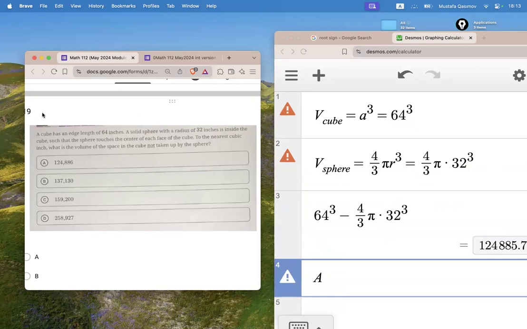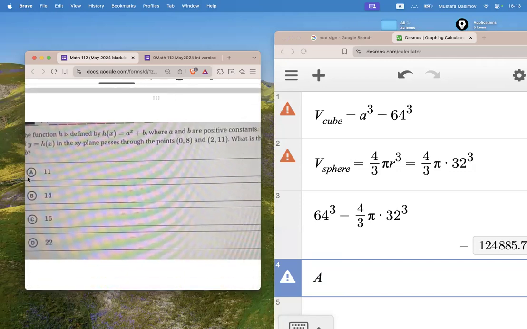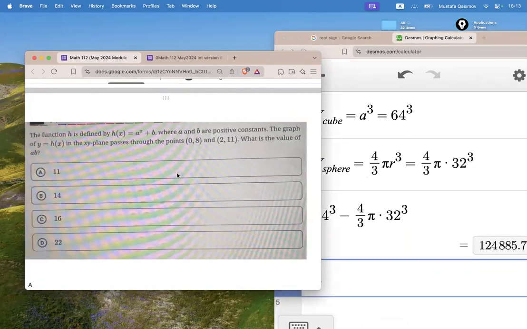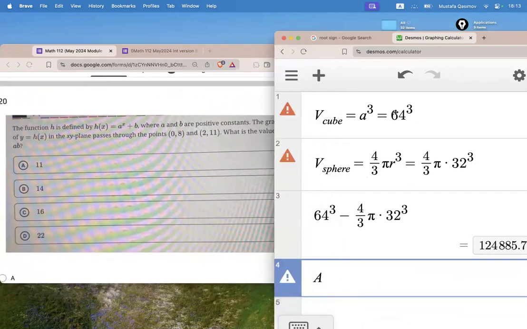Any question? Okay. 20. For 20, you can see that except for x and y, we have only a and b here. So it means that we have two unknown letters. If we have two unknown letters, we can use a table.